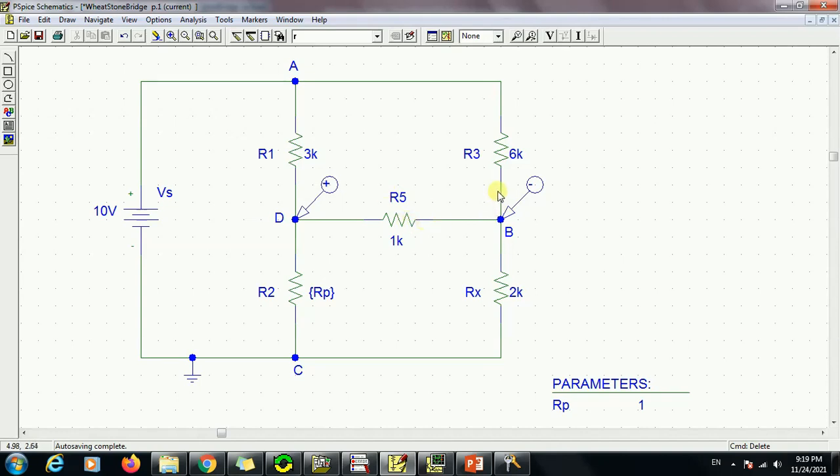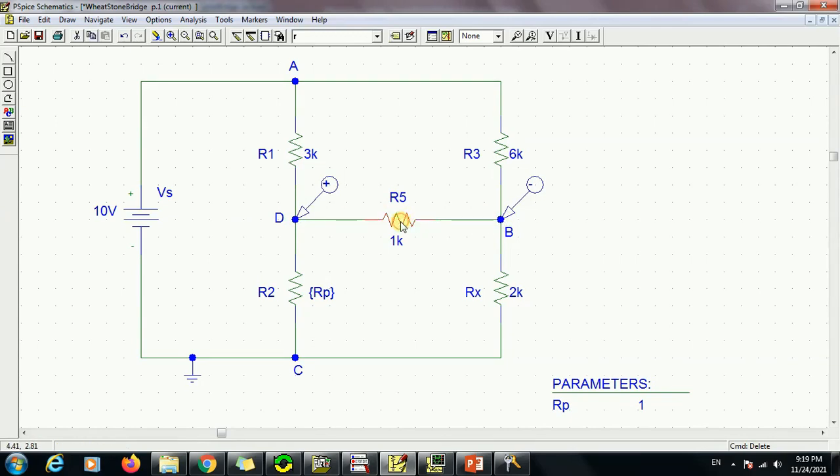But if we are smart enough to notice that the ratio between these two resistors, 6 and 2, is 3, and if this is 1, then the ratio would also be 3. These equal ratios mean that we have the setup of the Wheatstone bridge at the balanced condition. This implies that no current will be flowing in this branch and no voltage difference between these two branches.